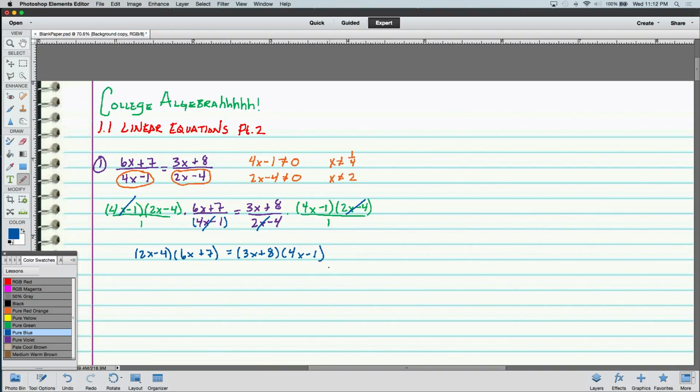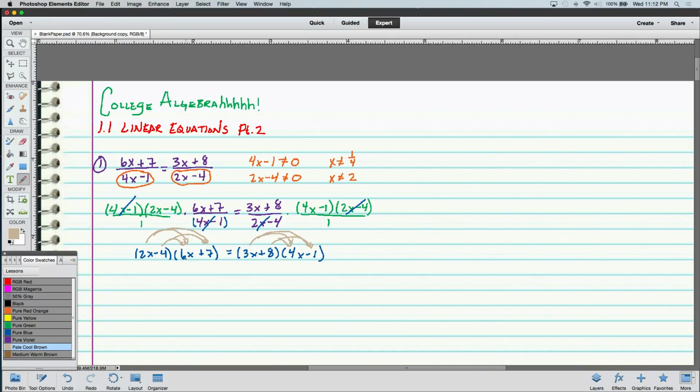So now we need to get rid of the parentheses. To get rid of parentheses, we need to distribute each of the terms on both sides.